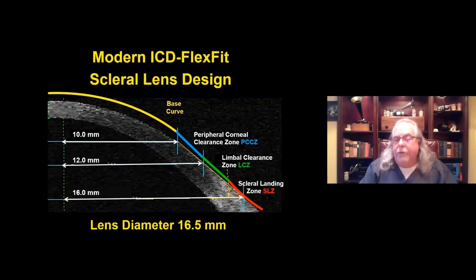The only curve of the contact lens is actually in the center 9 to 10 millimeters of the contact lens, and that is that base curve radius. Beyond that, it just goes into that all-important straight line or tangent angle.